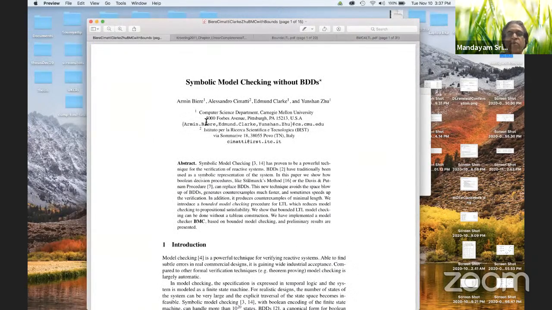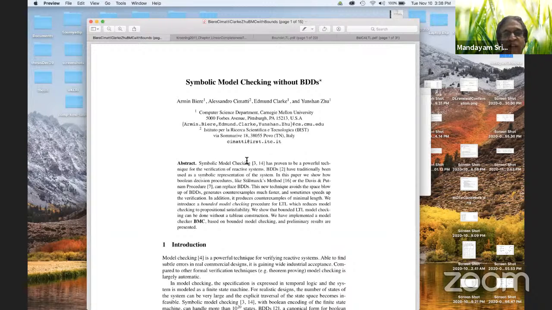This paper was published in 2001, around the same time that SAT solvers, due to a couple of breakthroughs like CDCL, conflict-driven clause learning, plus the various heuristics that were used, were able to solve SAT instances a couple of orders of magnitude larger than before.